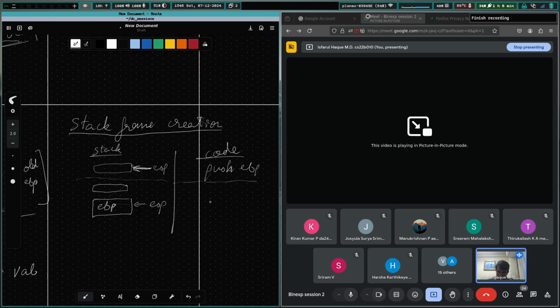Then you do a, so you understand how the flow is going, right? Now you do a move EBP to ESP. See the syntax in the comments.